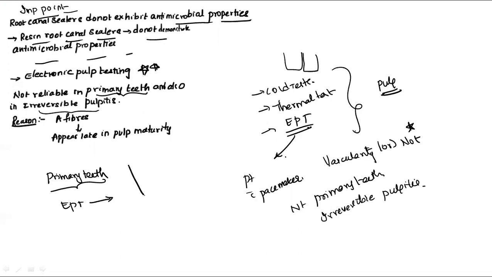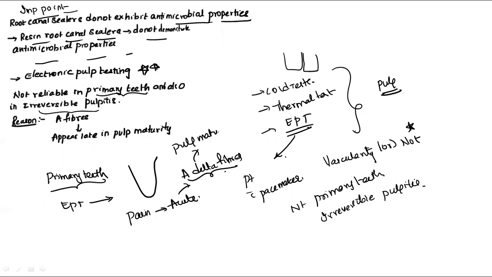Because if there is any infection, the pain that you test and the pain that you observe, that is acute pain, occurs because of A delta fibers, and these A delta fibers appear when pulp matures.